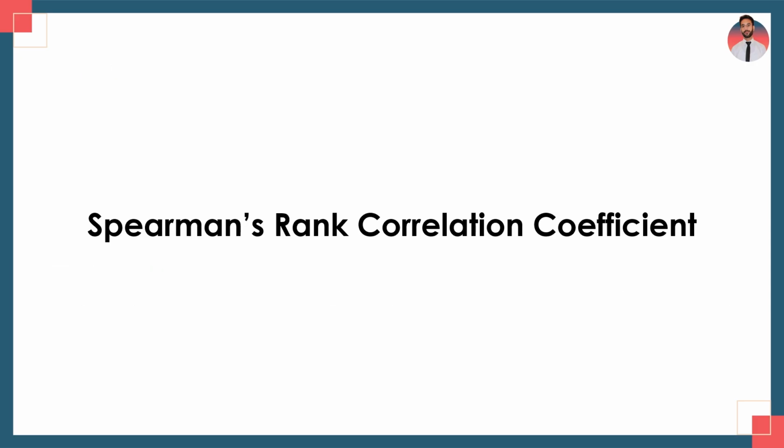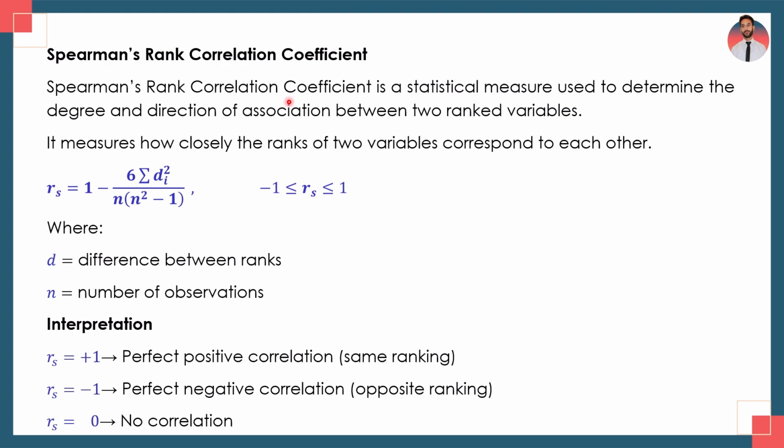Now the next one is the Spearman rank correlation coefficient. Spearman rank correlation coefficient is a statistical measure used to determine the degree and direction of association between two ranked variables. It measures how closely the ranks of two variables correspond to each other.